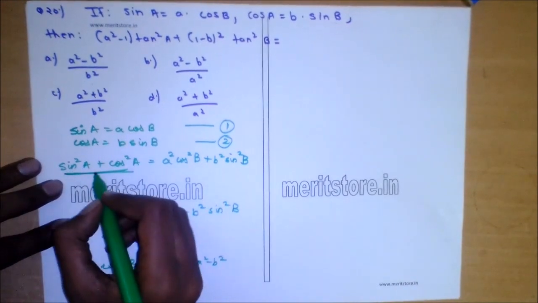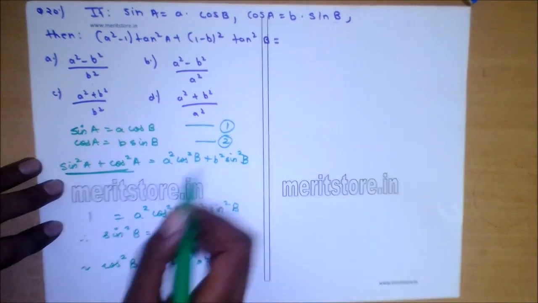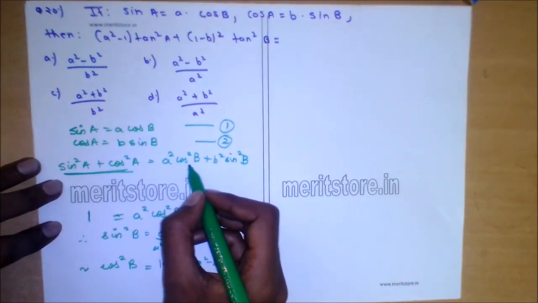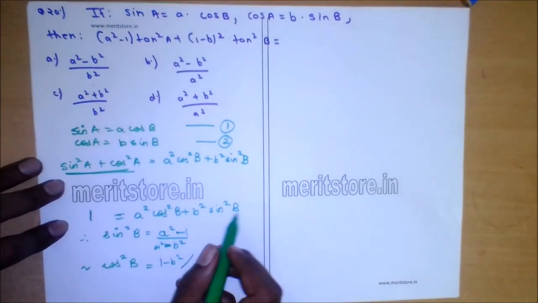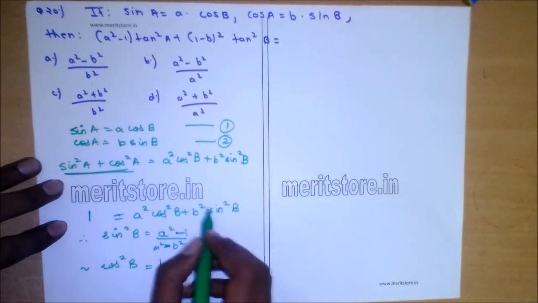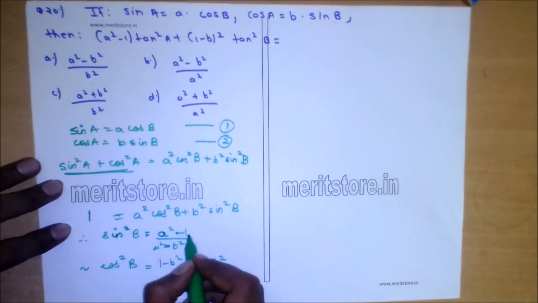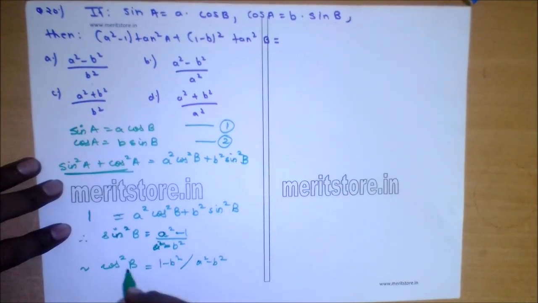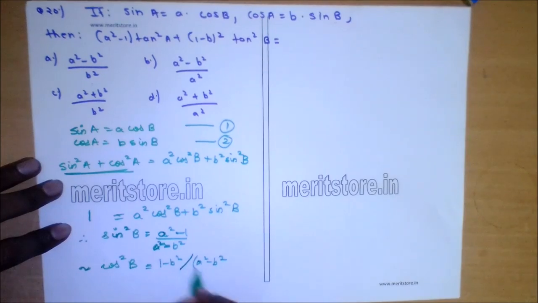So we get sin square A plus cos square A is a square cos square B plus b square sin square B. So sin square A plus cos square A is 1, which equals a square cos square B plus b square sin square B. We rearrange the terms. We get sin square B as a square minus 1 upon a square minus b square. Similarly, we get cos square B is 1 minus b square upon a square minus b square.